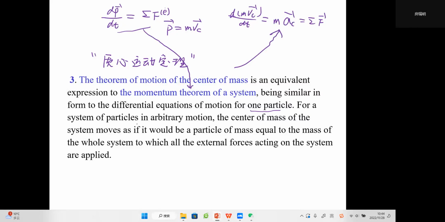For a system of particles in arbitrary motion, the center of mass of the system moves as if it were a particle of mass equal to the mass of the whole system, to which all the external forces acting on the system are applied. So try to understand the whole paragraph.